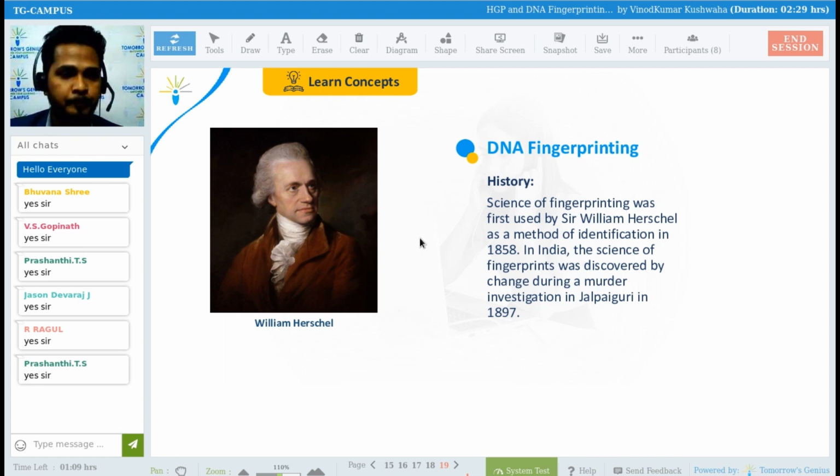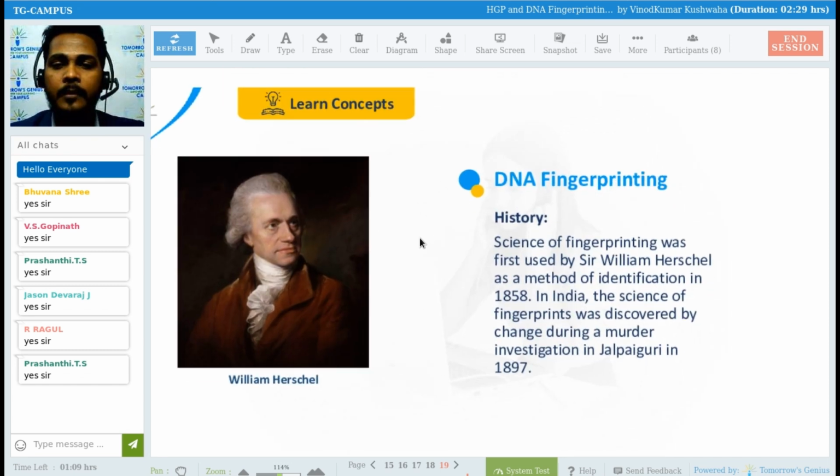The study of finger, palm, or sole print is called dermatoglyphics, because this kind of print was already mentioned in ancient history, right? So when you study the finger, palm, and sole print, this is called dermatography. Let me write it here.